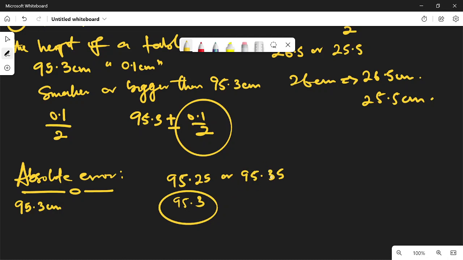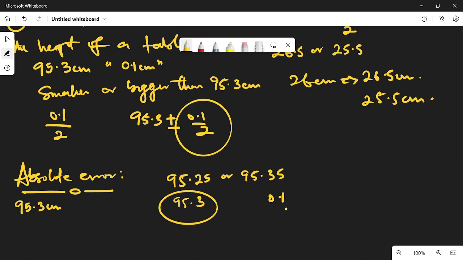And this 95.35, if you also round it up, you have 95.4. So if you look at the two, you get to see that the difference between them is 0.1. So you see that what happens between the approximation is just a difference of 0.1.